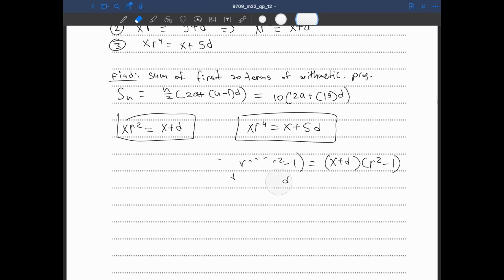To make things simpler, let's say ar squared equals a plus d, and ar to the power 4 equals a plus 5d. All right, this should make things much simpler. What can we actually achieve by doing this? I'm just thinking out loud.